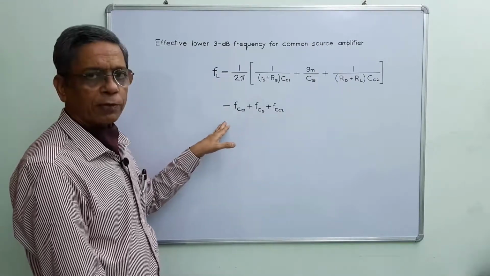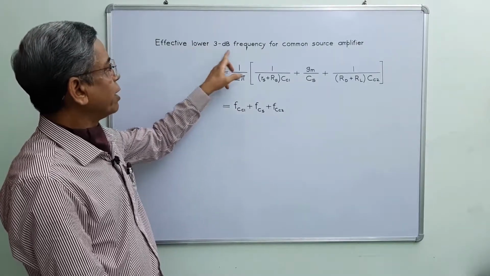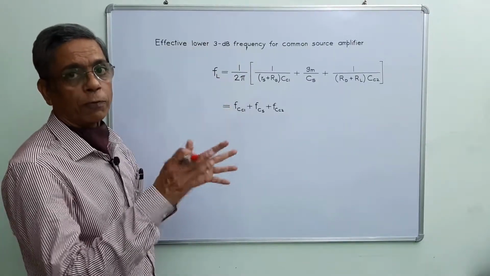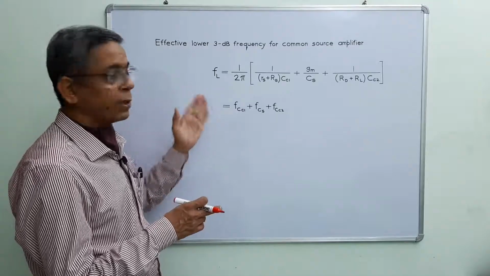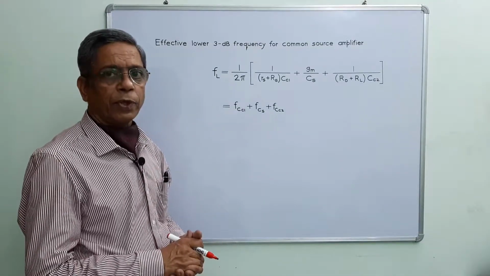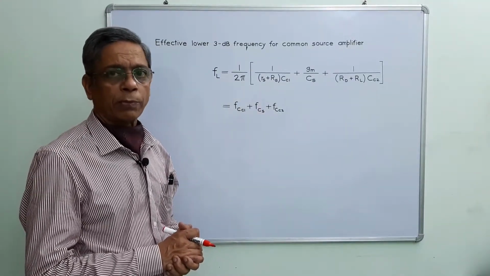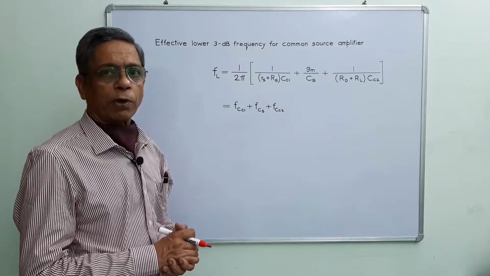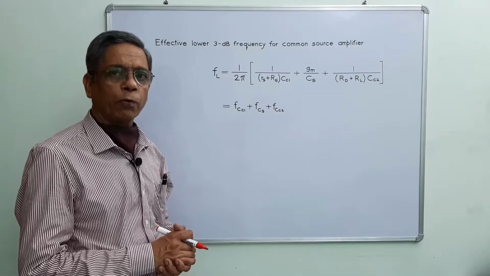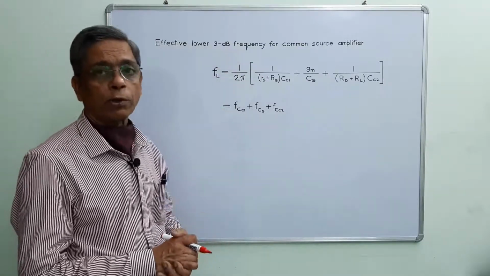So this is the summation of these three frequencies equal to the effective lower 3 dB frequency, a single effective value, calculated using the short circuit time constant method. So this was all about the performance of the common source amplifier working at low frequency band and the derivation of pole frequencies and effective lower 3 dB frequency for the common source amplifier.